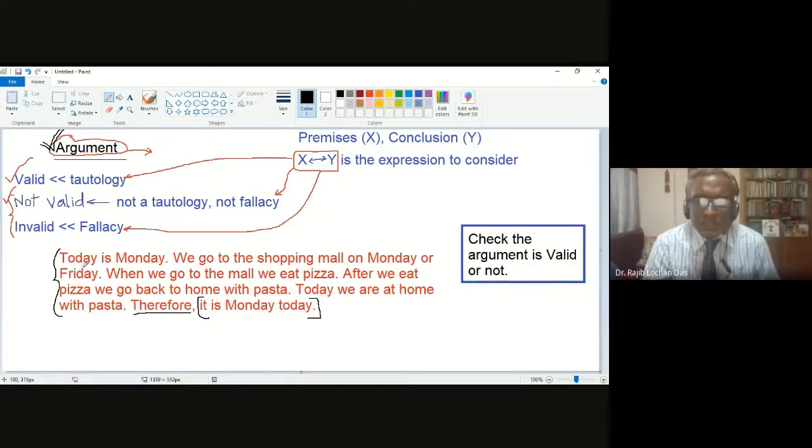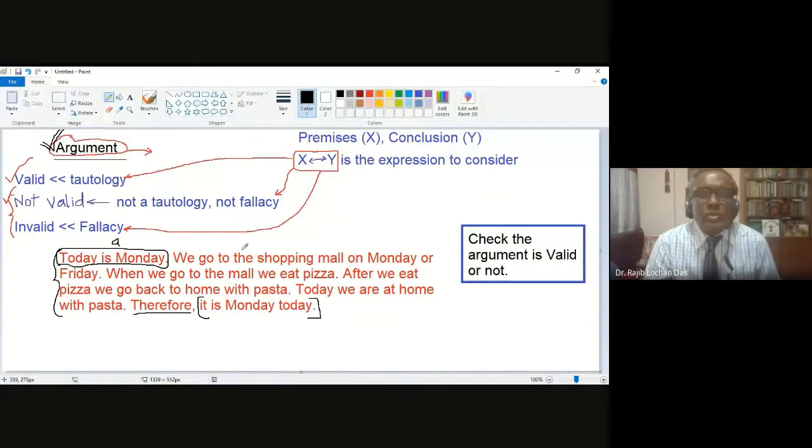Every sentence is a proposition, and you will combine all the sentences together. So say today is Monday, this is one proposition. So you will give a name for this. Let us give a name A. This is my first proposition A.